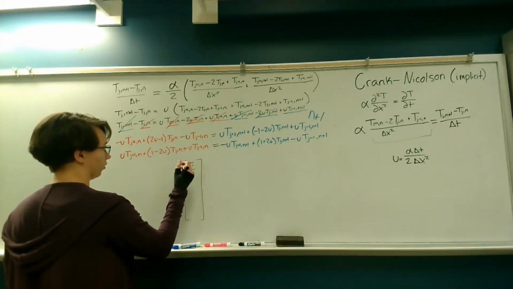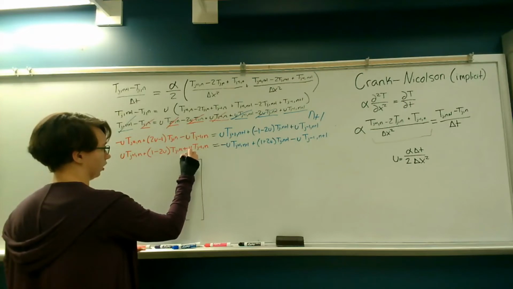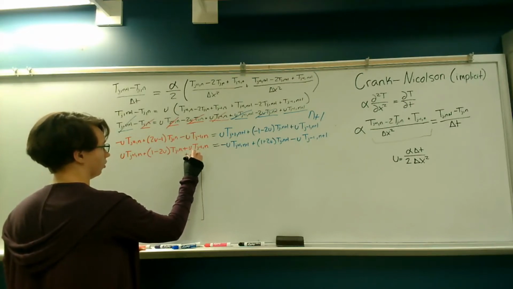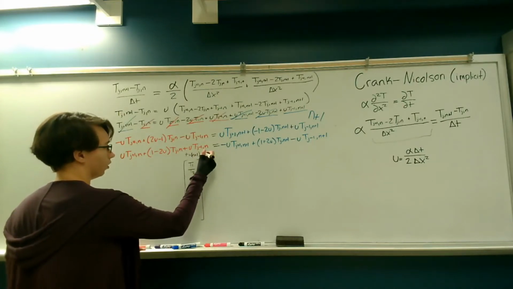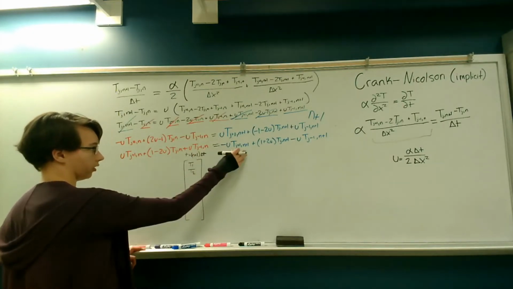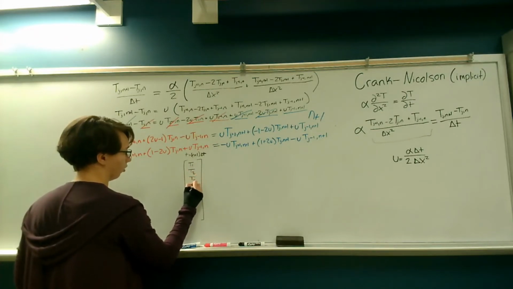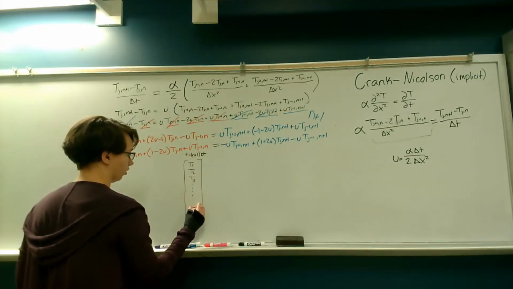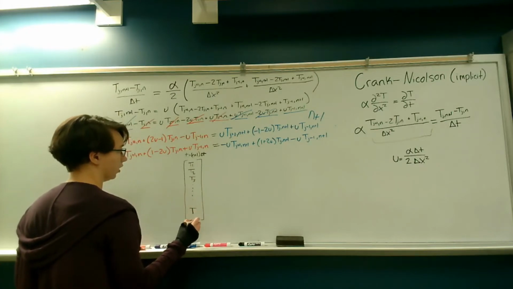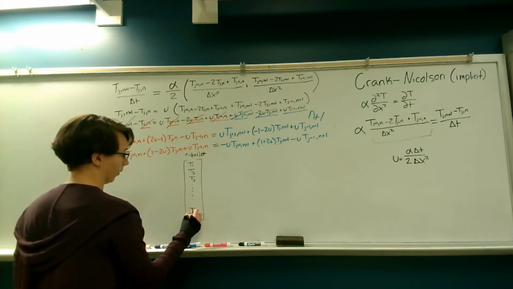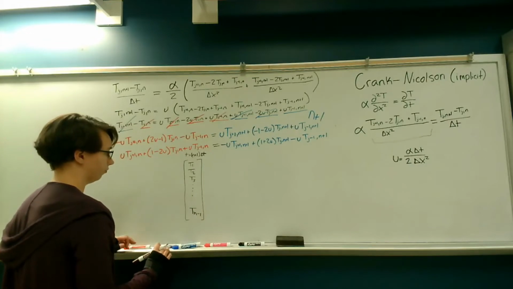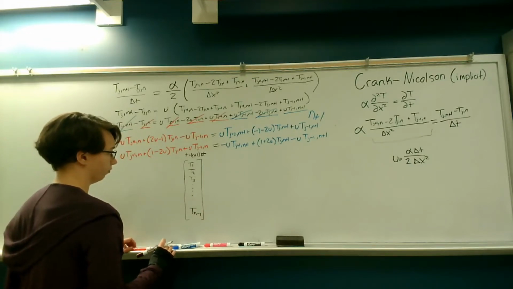This entire row is going to have T at n plus 1 delta t, so they're going to be the ones on this side. So T1, T2, T3, all the way to T n minus 1.